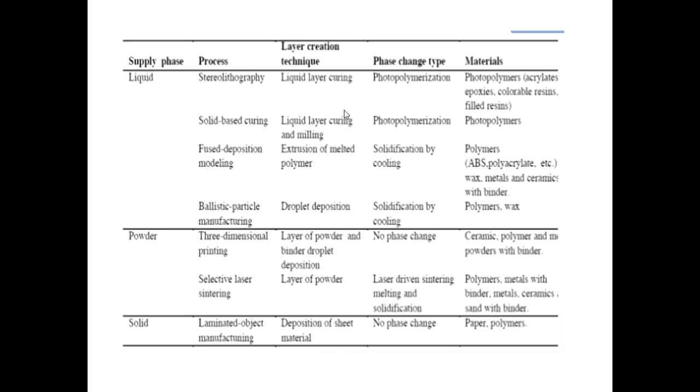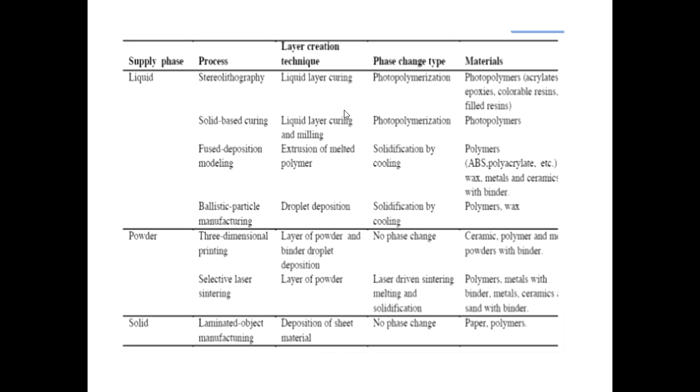We are depositing sheet material one above the another. We may be using paper, or we may be using polymer as a solid material. So these are the different rapid manufacturing technologies, and as per the application or requirement we can go with liquid, powder or solid based technology.